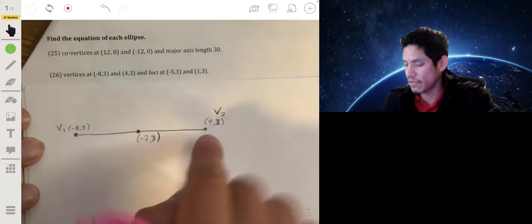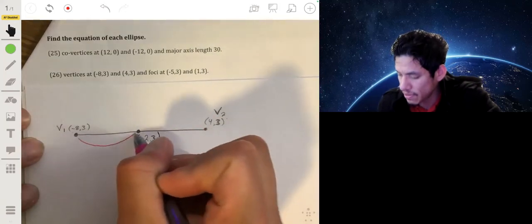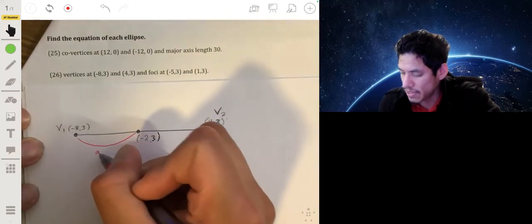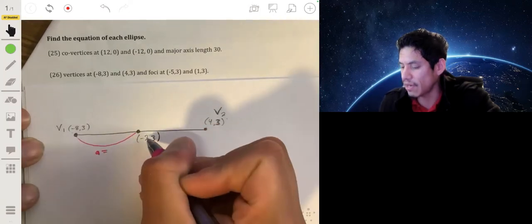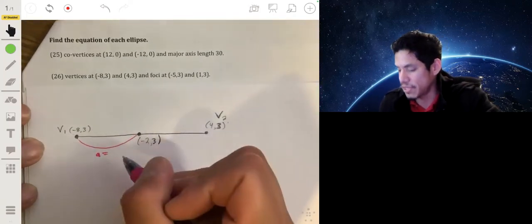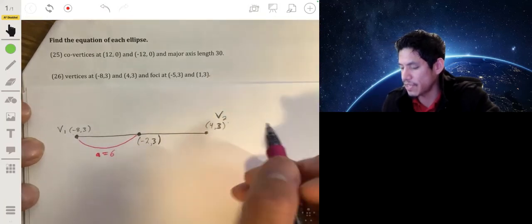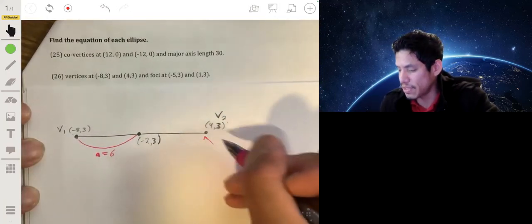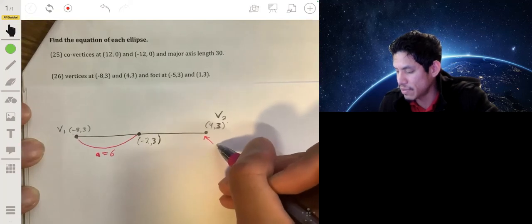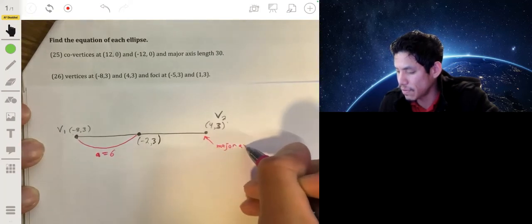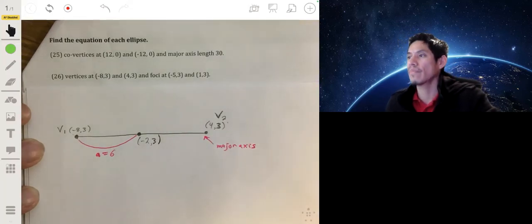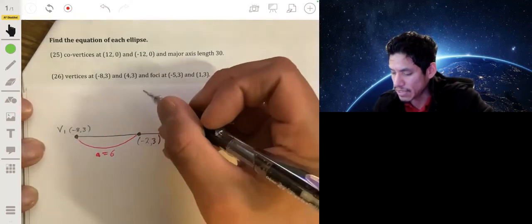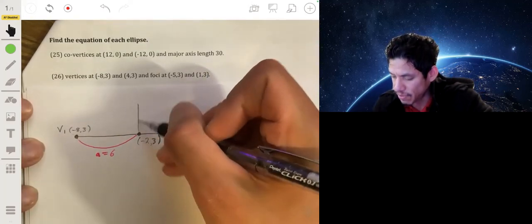Now, since these are the vertices, the distance from here to here represents our value of a, which is going to be 6. Remember, this is the major axis, the big axis. Now, our minor axis, or vertical axis, is going to be up and down.